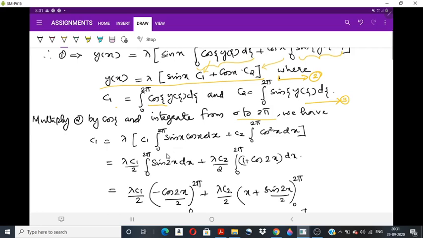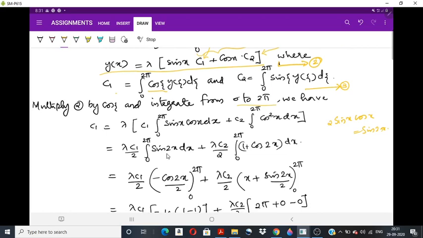Then, we know there is one identity, 2 sin x cos x is written as sin 2x. So we can use this identity here. We have sin x cos x, so sin x cos x can be written as sin 2x by 2, and taking that 2 outside we get the second step. Then cos square x, and we know one more identity, 2 cos square x is 1 plus cos 2x.